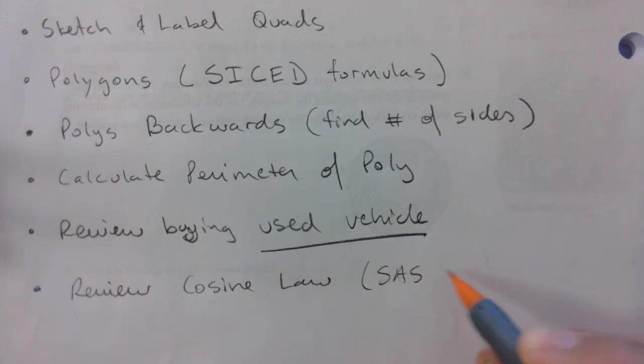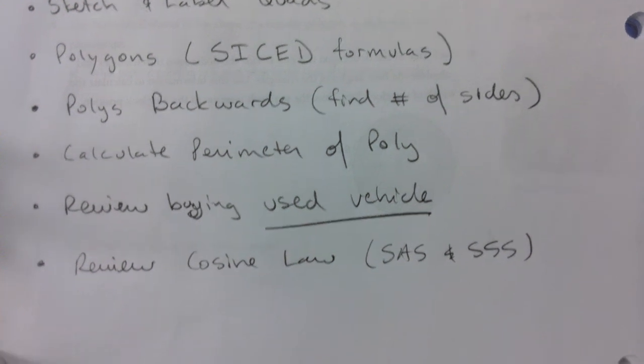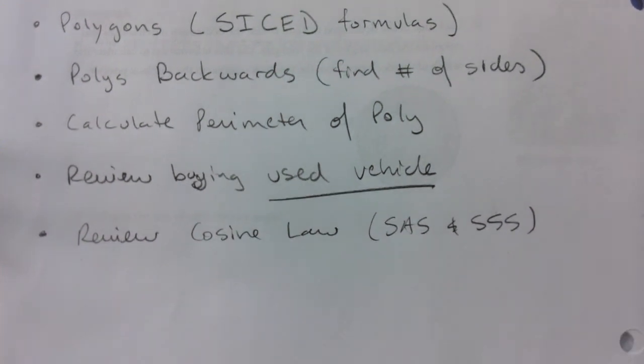So SAS as well as SSS, right? So just know, because sometimes we need them to figure stuff out about triangles, and you got to be able to do that.